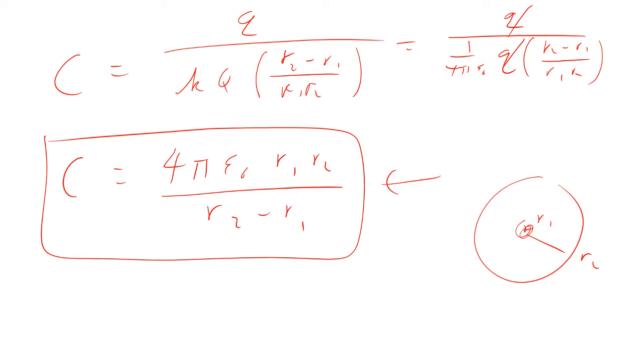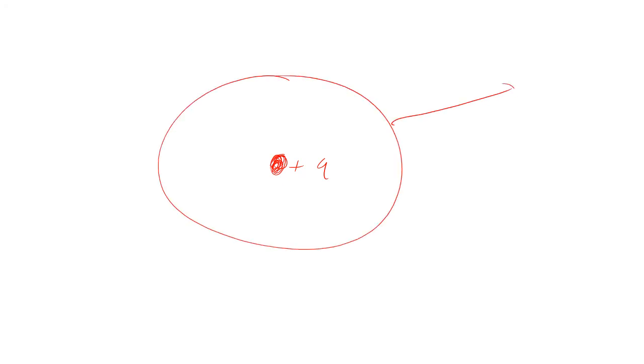Now, your book brings up an interesting special case. We have a charge here, some Q on a sphere, and we have the outer sphere. What happens if we take the limit as R2 goes to infinity? In other words, what we have is just a charged sphere.